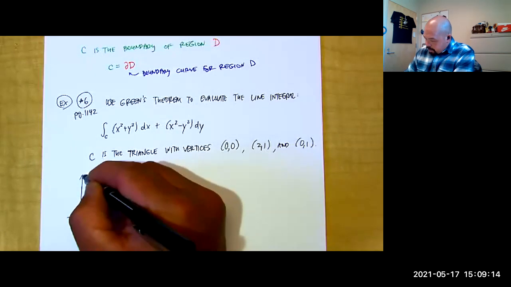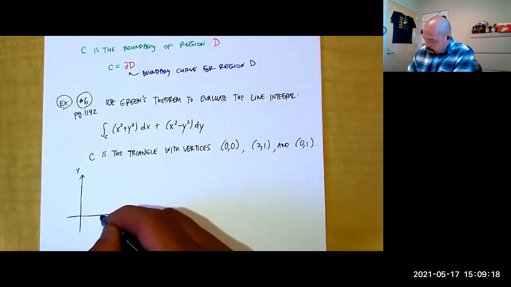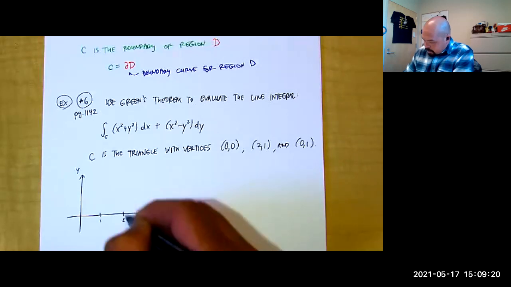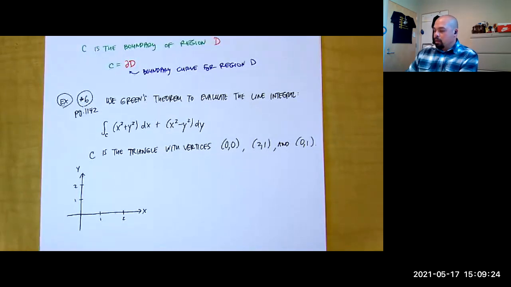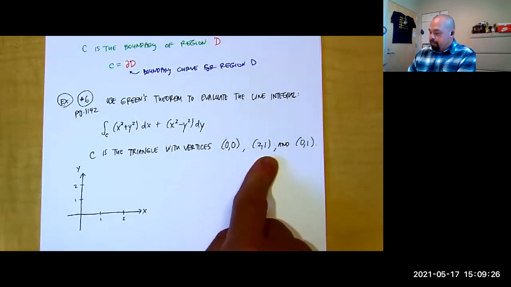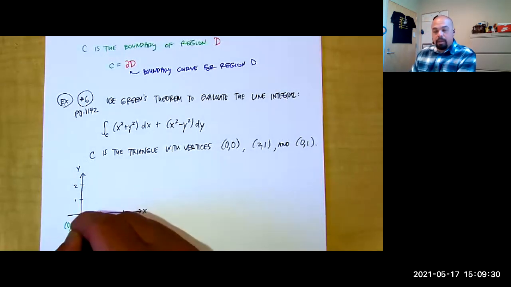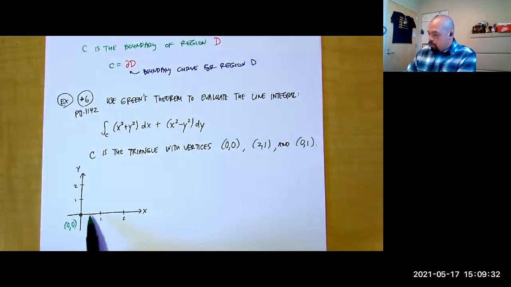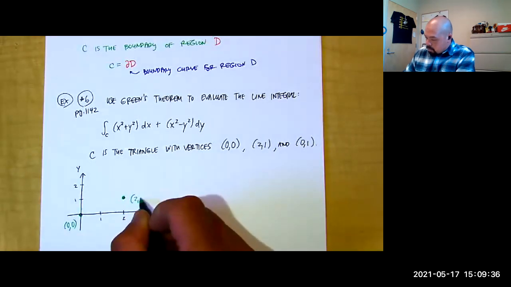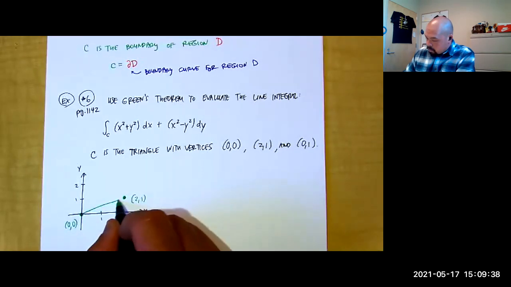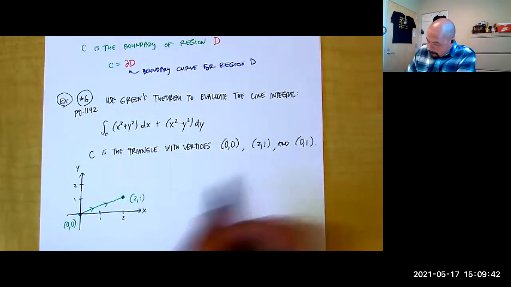So if we start to think about that curve C, right? Starting at the origin, 0, 0. Then we go to 2, 1. Then from 2, 1, we go to x is 0, y is 1.